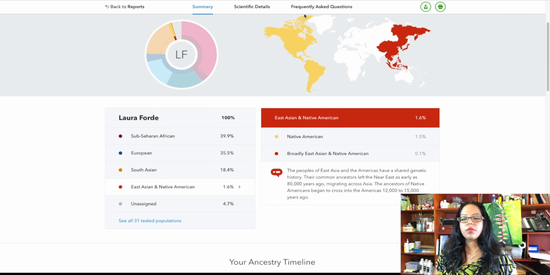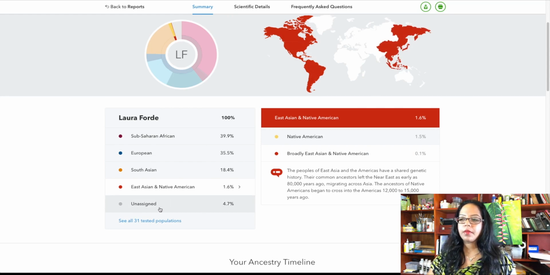So these colors represent, like the yellow here represents Native American, and these colors here represent the East Asian. So I am 1.5% Native American, and I am 0.1% East Asian.